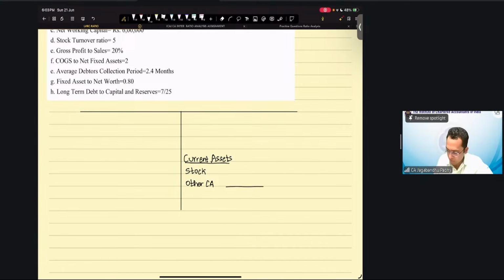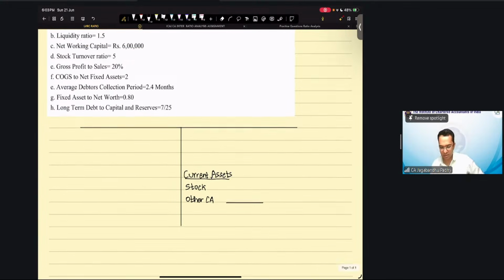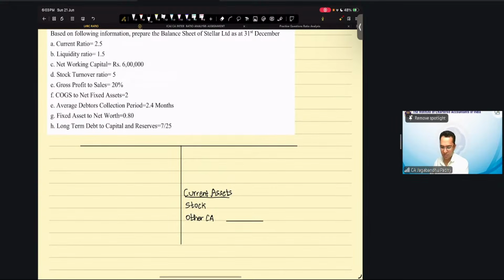And of course, the total of that will be coming out on the other side. Then for the liquidity ratio, we are also going to calculate the current liabilities portion. So in the liabilities part, we have current liabilities. So net working capital is okay.